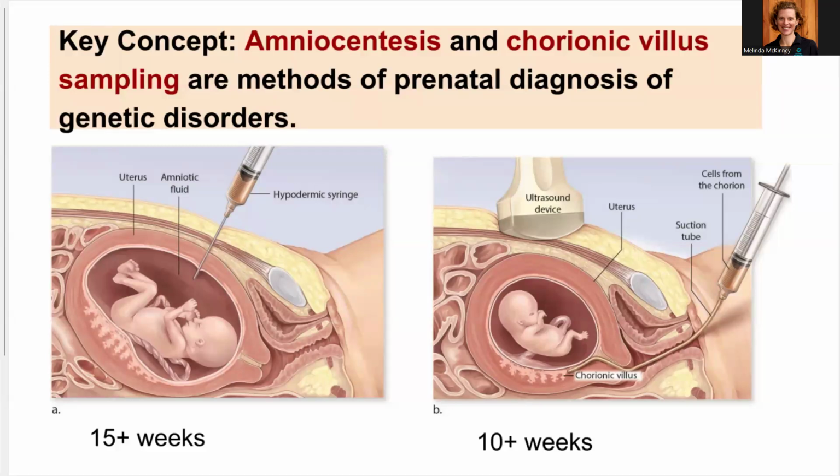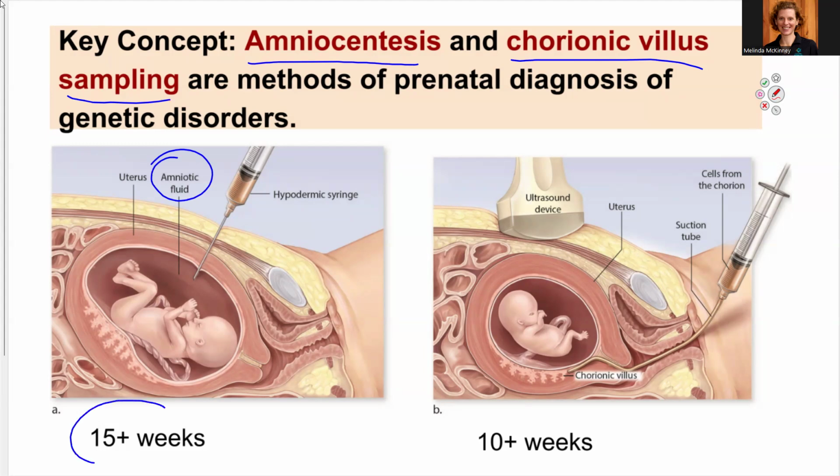There are a few methods for sampling early on before birth and looking for genetic disorders. Amniocentesis and chorionic villus sampling are 2 examples that you're responsible for. The amniotic fluid is sampled and it contains cells from the fetus that are suspended in it.